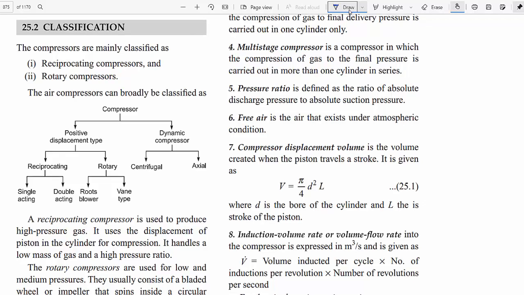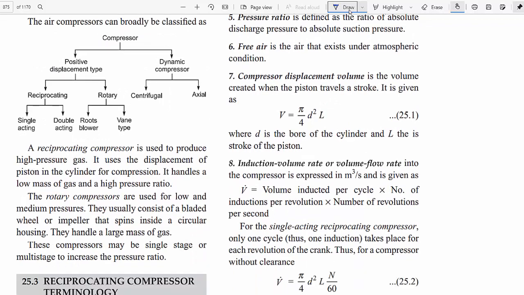Then the induction volume rate or volume flow rate. How much air flows per second is called the volume flow rate. It is volume inducted per cycle, times the number of inductions per revolution, times the number of revolutions per second.